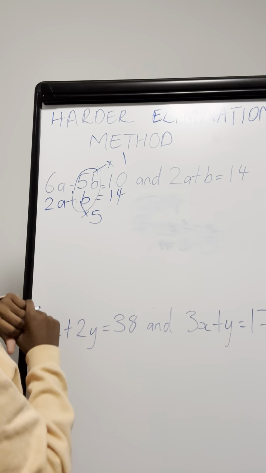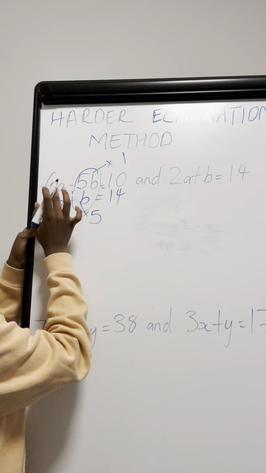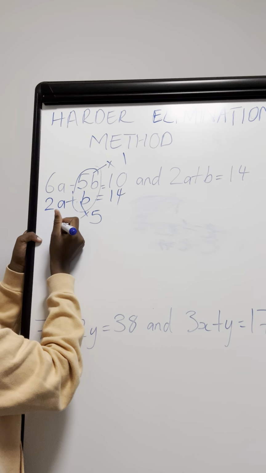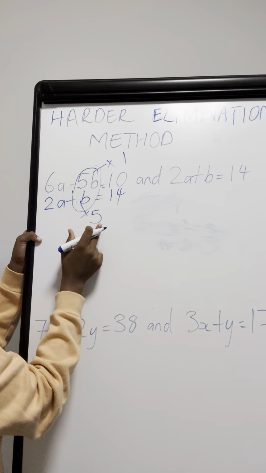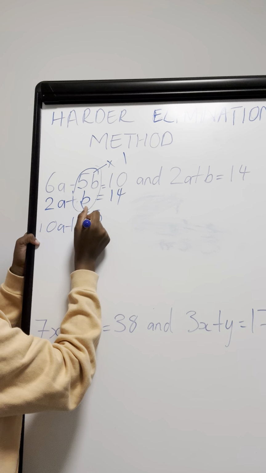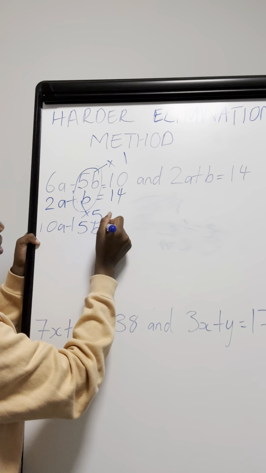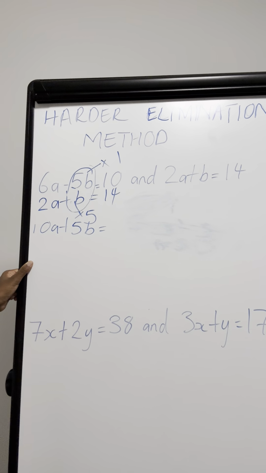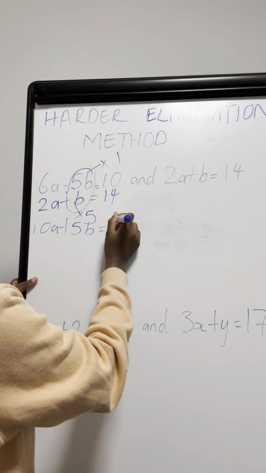Okay. So now we'll multiply the first equation by 1. This whole equation will still be the same, but this one will be different. 5 times 2 will get 10a plus 5b equals, and then 5 times 14, you're supposed to get 70.